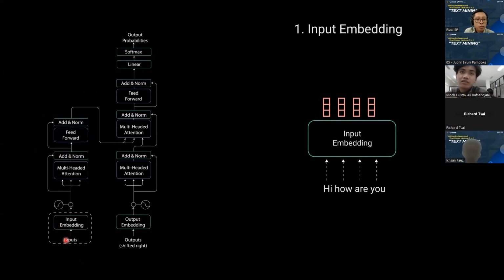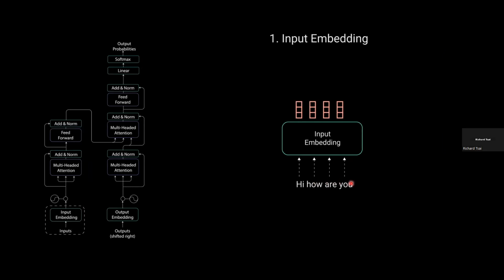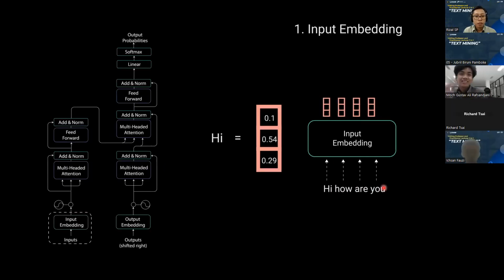To start, the transformer takes the input sentence and looks up the word embedding vector for each token. In this example, it retrieves 4 vectors for "Hi, how are you?" So imagine that the vector representing "Hi" is 0.1, 0.54, 0.29.